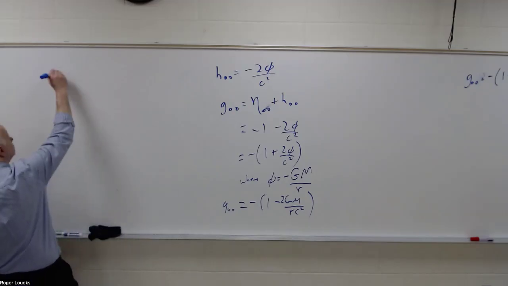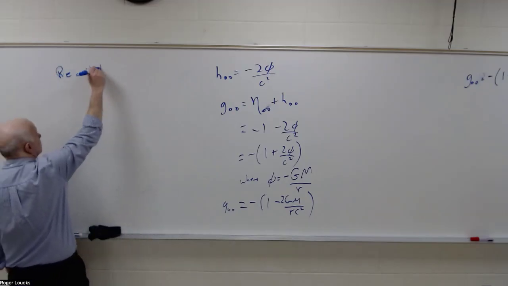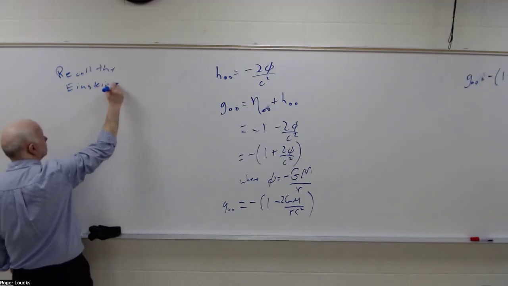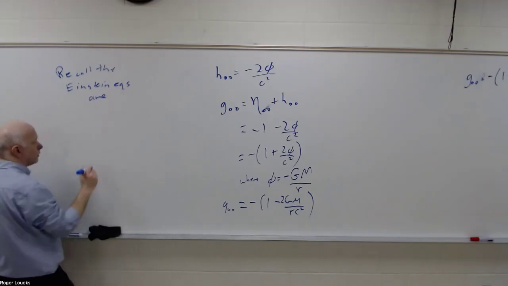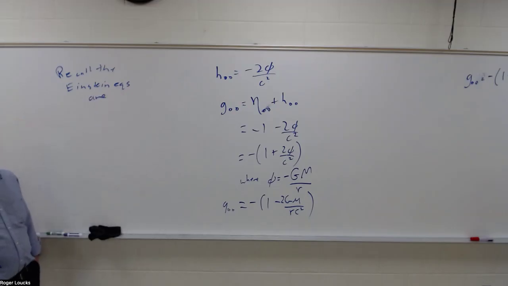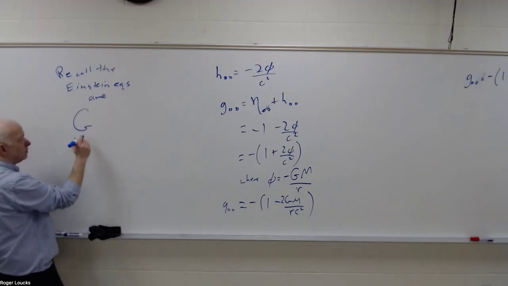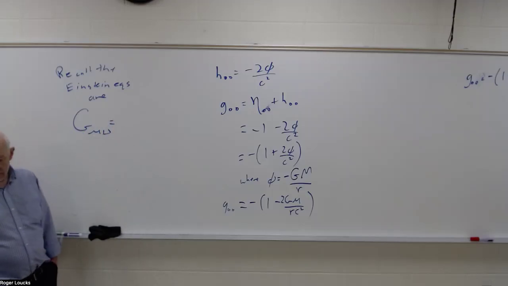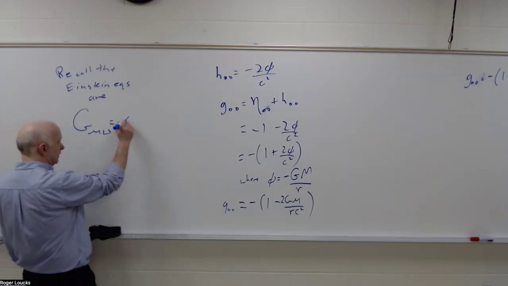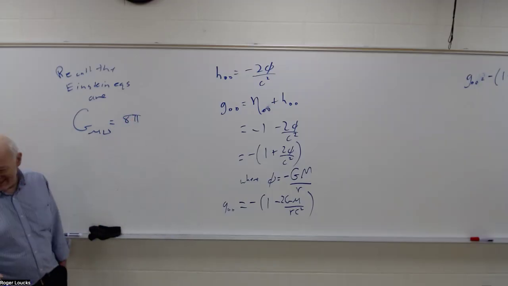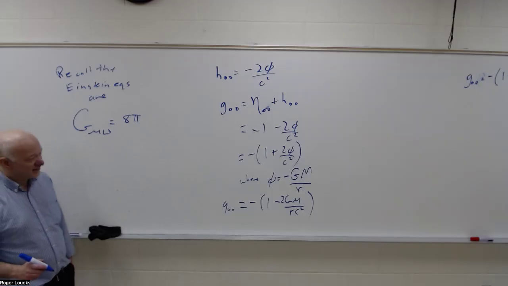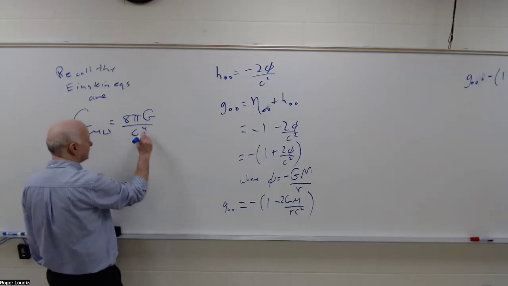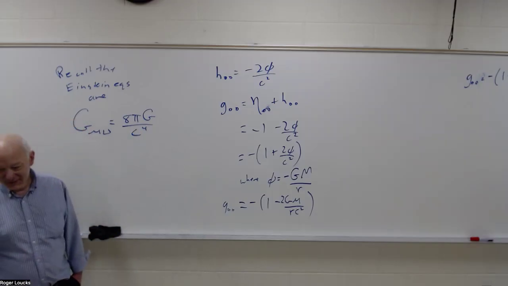Okay, so recall the Einstein equations. What are they again? Let's start off with G. G mu nu equals 8 pi G over c to the fourth, excellent, times T mu nu.